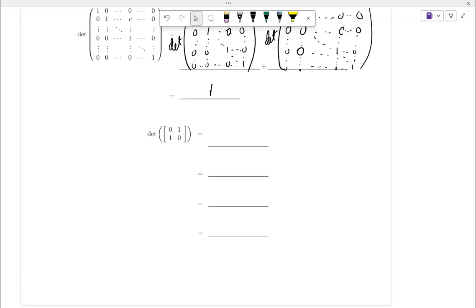First thing I'm going to do is take row 2 and add it to row 1 and replace row 1. What does that do to the determinant? What did we just say in the previous? Nothing, right? It stays the same. Okay.